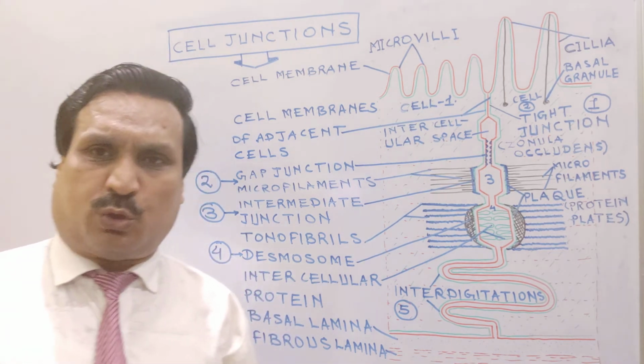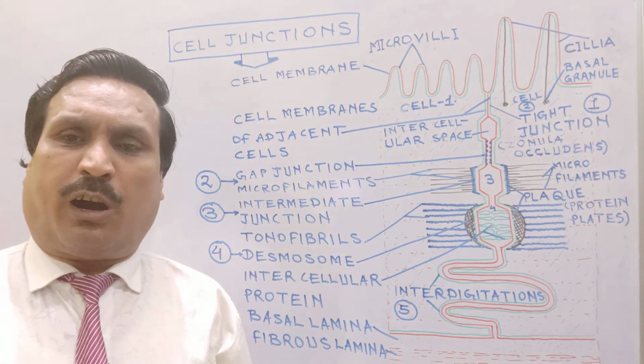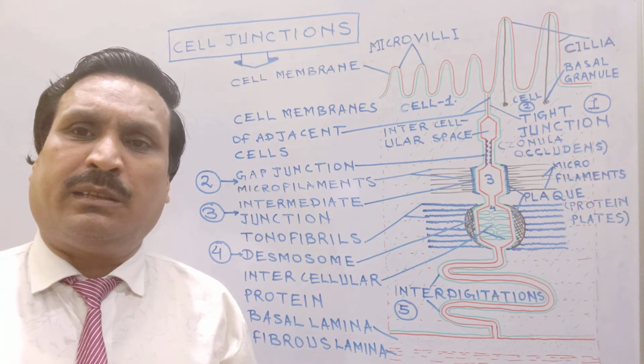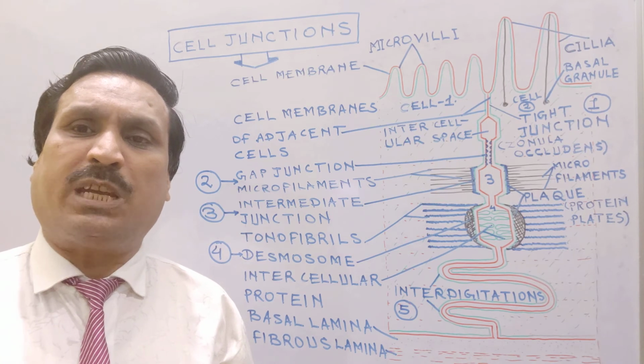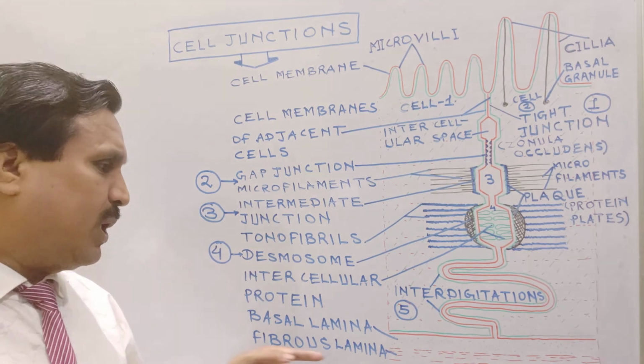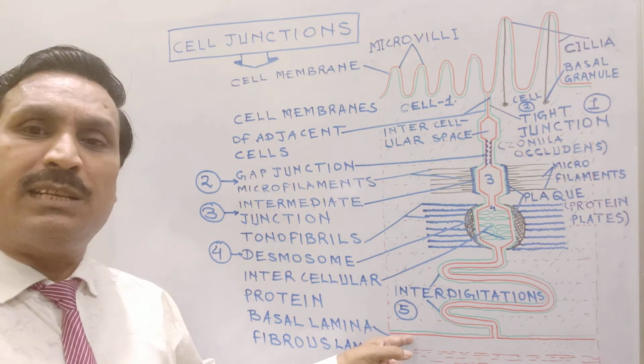And hemidesmosome is a type of cell junction which is present between the cell membrane of epithelial cell and the basal lamina of the epithelial cell.